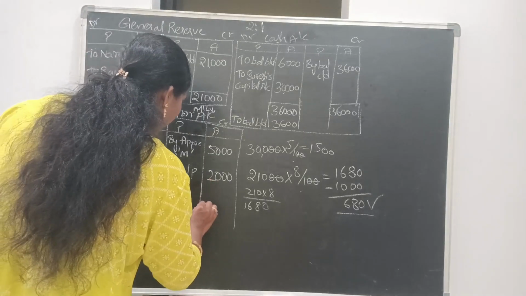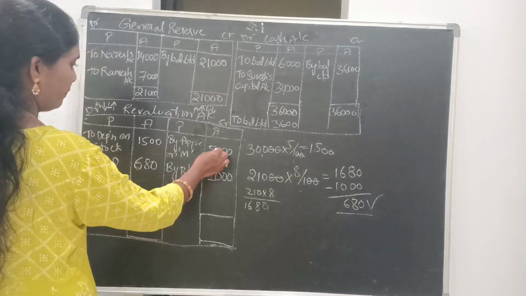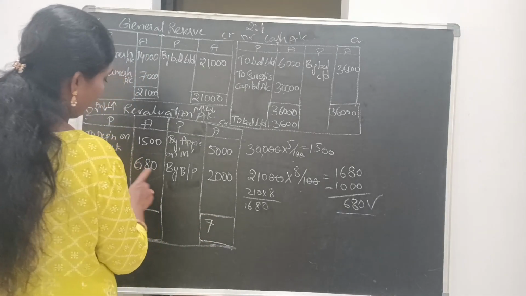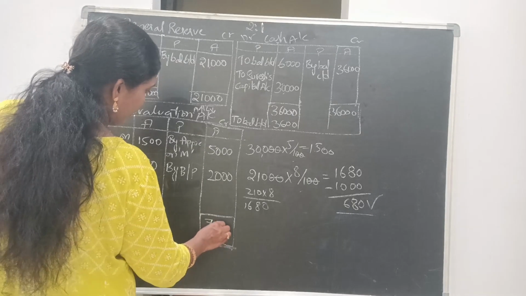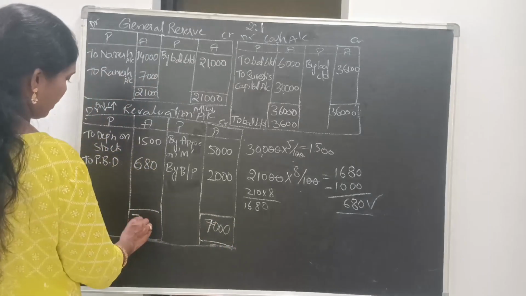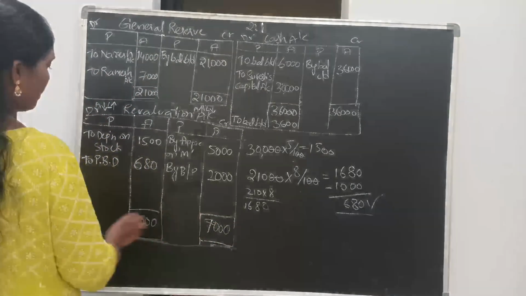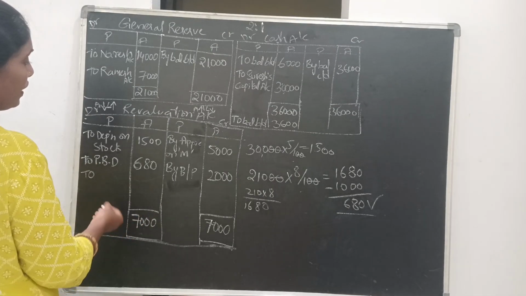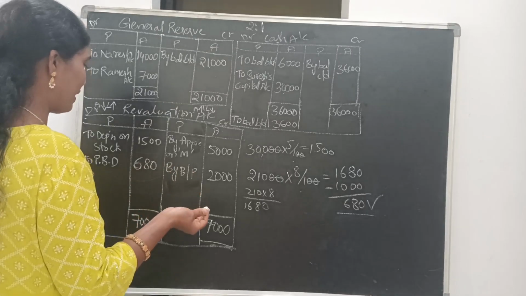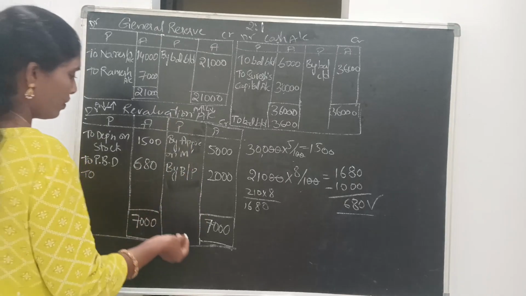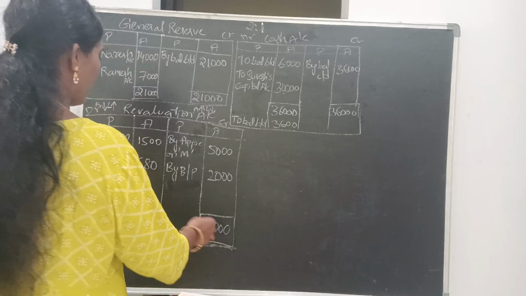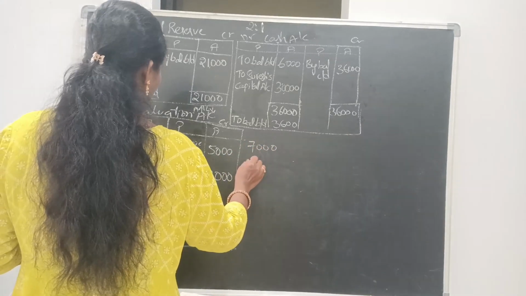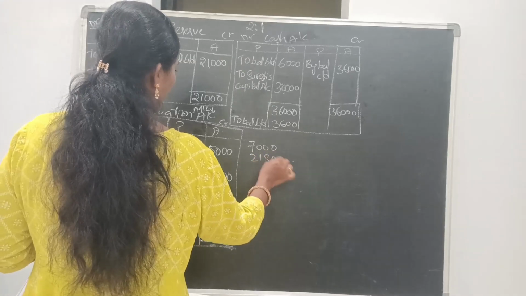So now make the totals. Now this is 7,000 and here 2,180. So 7,000 is the highest amount, so write it on both sides. Now the remaining balance we need to distribute among old partners in the old ratio. 7,000 minus 2180.